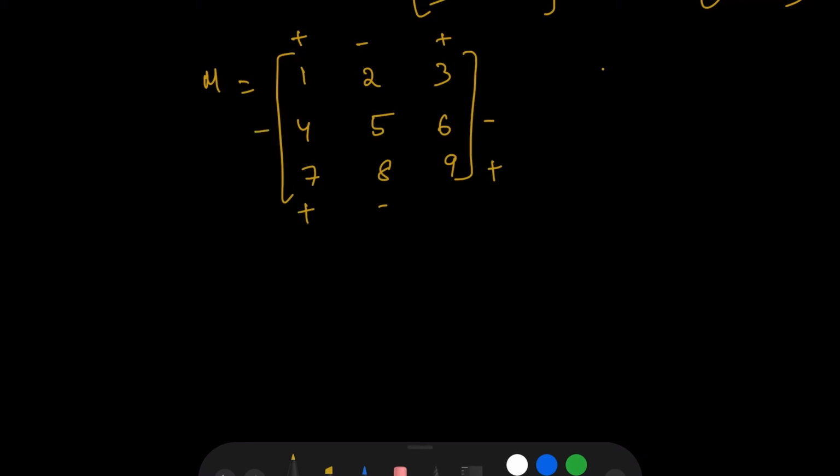Alternate plus and minus signs will be coming, and the first element and the last element in a matrix will always take a positive sign. If you didn't know how we get that positive sign, just see my previous video where we find the determinant of a matrix. There I have explained clearly why we take it.